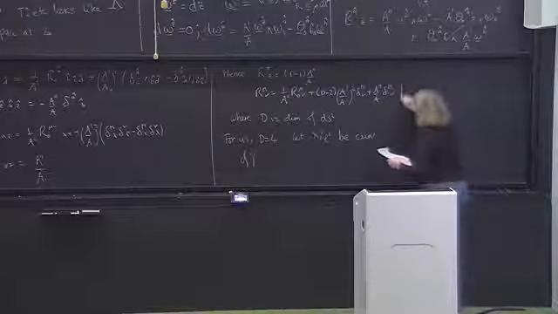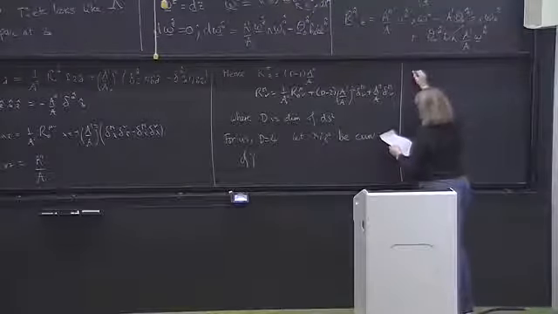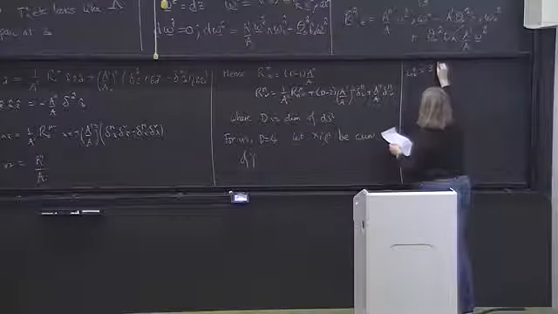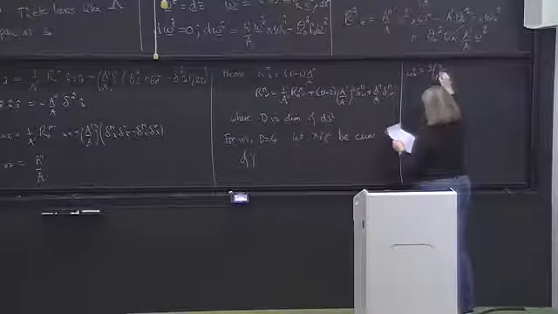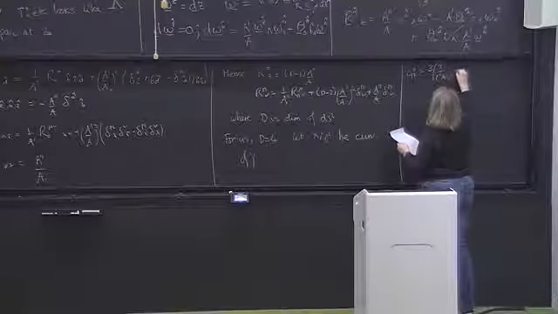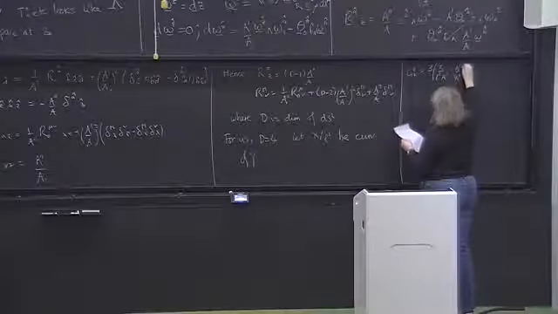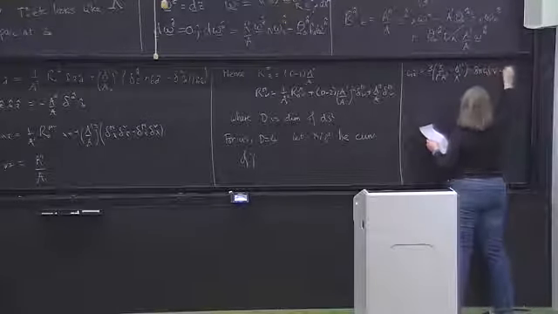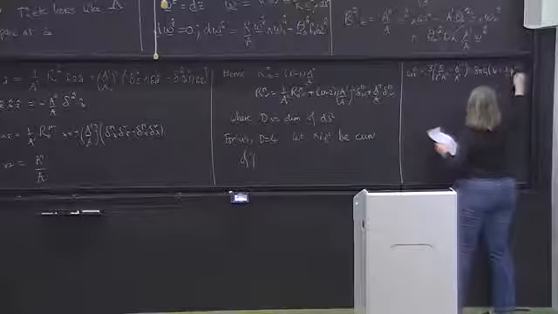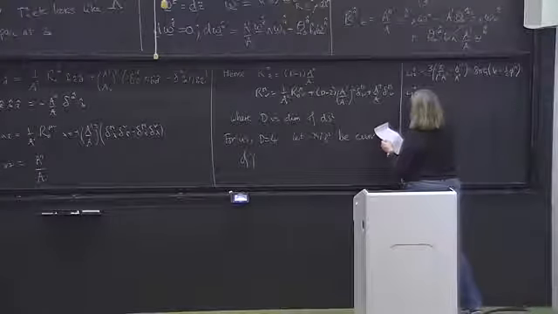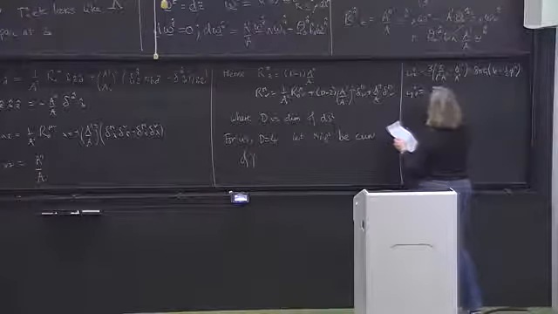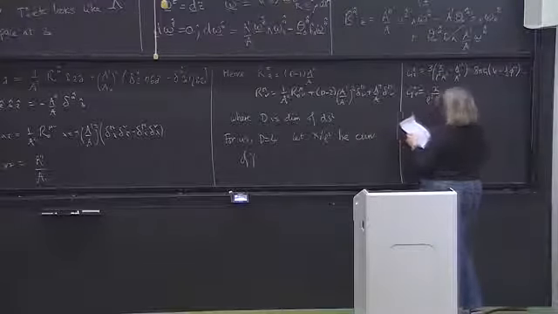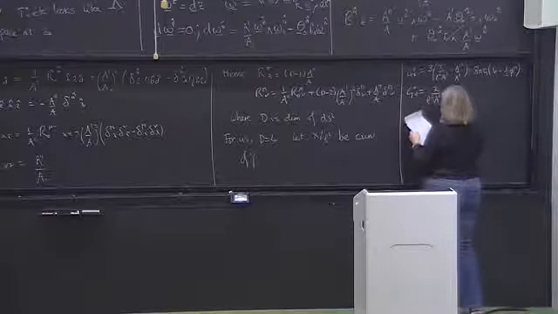Then my Einstein equations are, so G_ZZ. I've only got 2 independent Einstein equations because of the symmetry of gamma mu nu.